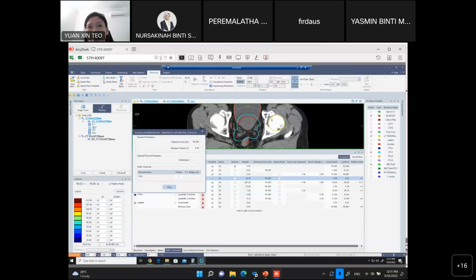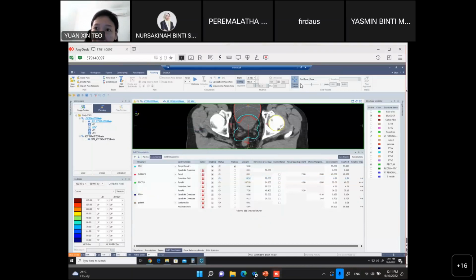There is a set of DVH constraints for bladder and rectum where the volume at 55 gray, there is not more than 5% that can get more than 55 gray.